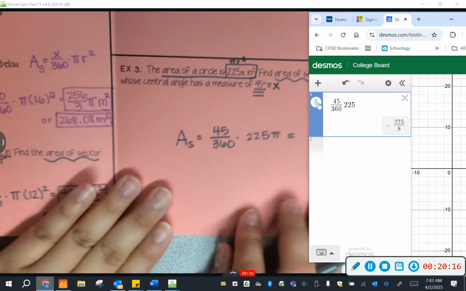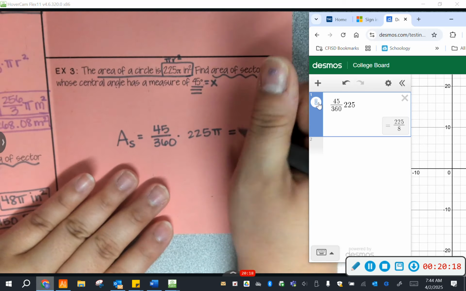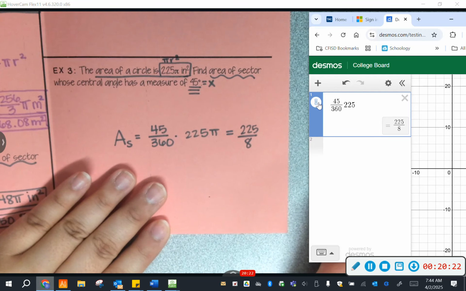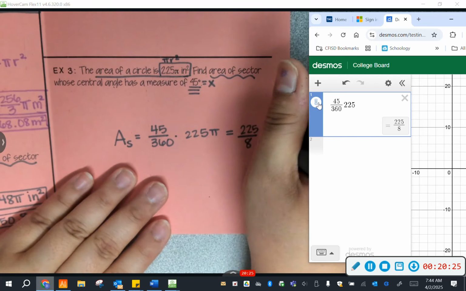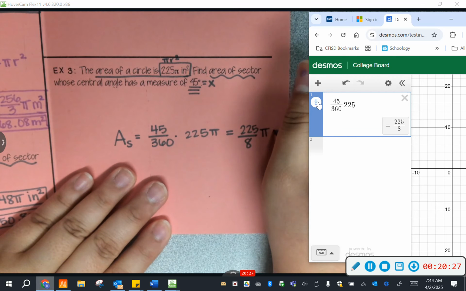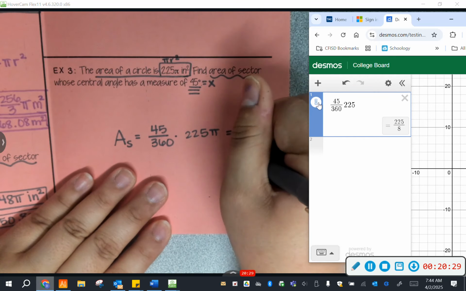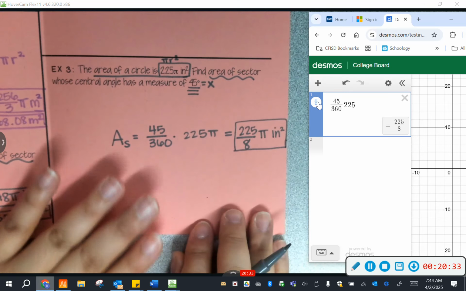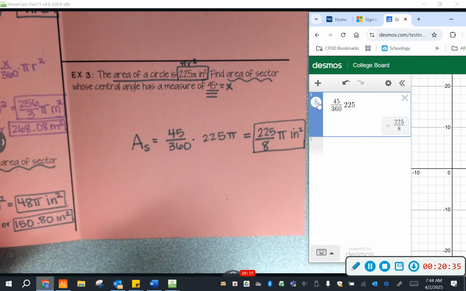So what is my answer? I want a fraction, not a decimal. It is 225 over 8. And then don't forget pi at the end. Inches squared. That one was weird. I don't know if I'll be giving you anything like that. I know I won't on your assessment. It was weird.